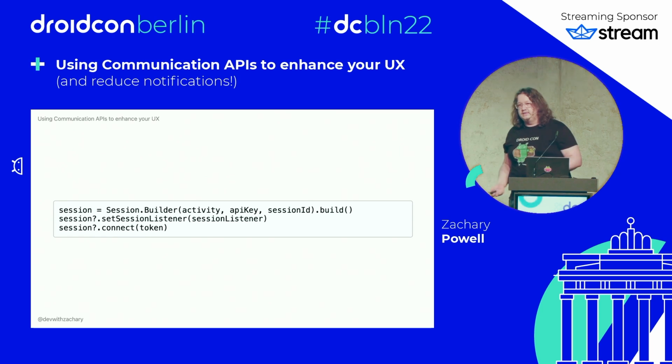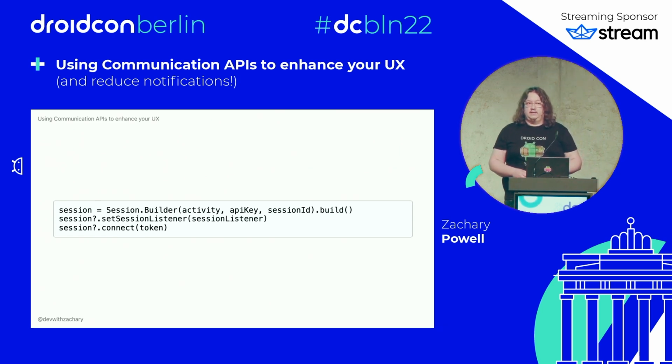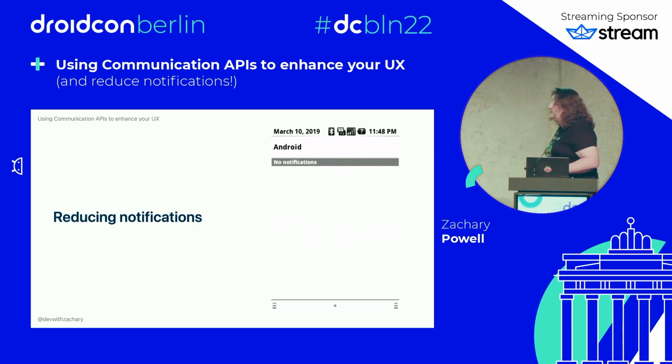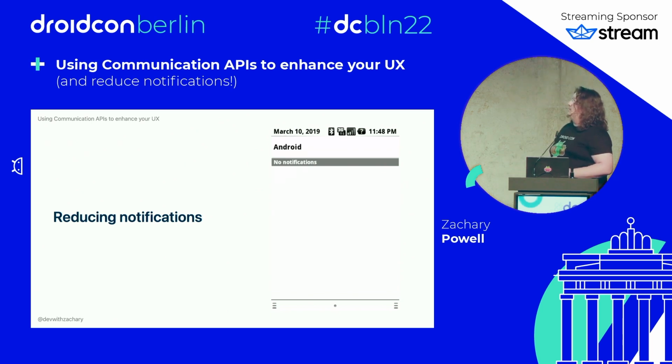So again, it's a very straightforward process to bring video into your applications in some form, however flexible you might need. And really, what this is all about is aiming to reduce the number of notifications that you as an app developer are sending users. We'd all love to get back to the situation where we have no notifications, and the notifications which we do receive are important, and we can just action those when we need to.